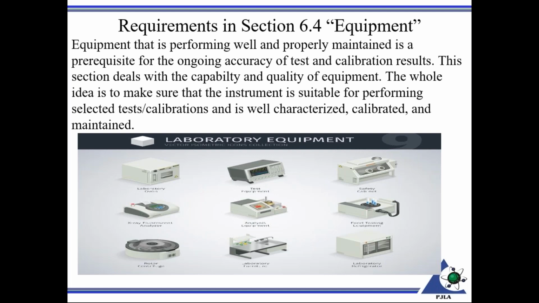So this section, section 6.4, deals with the capabilities and quality of the equipment. Of course, the whole idea is to make sure that equipment is suitable for performing the selected testing or calibration and is well characterized, calibrated, and maintained.